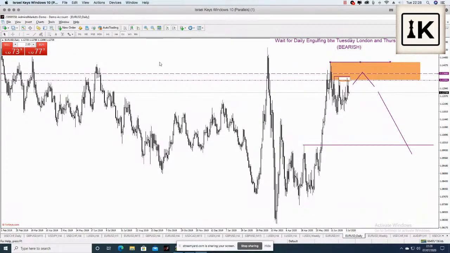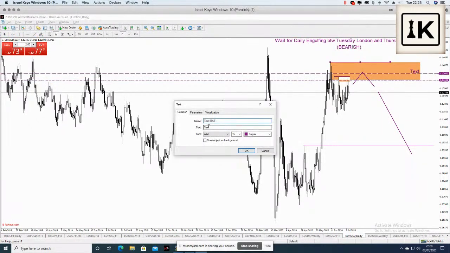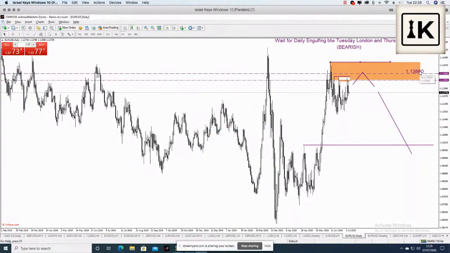So this line here is telling me that 1.1366 is a significant price level.